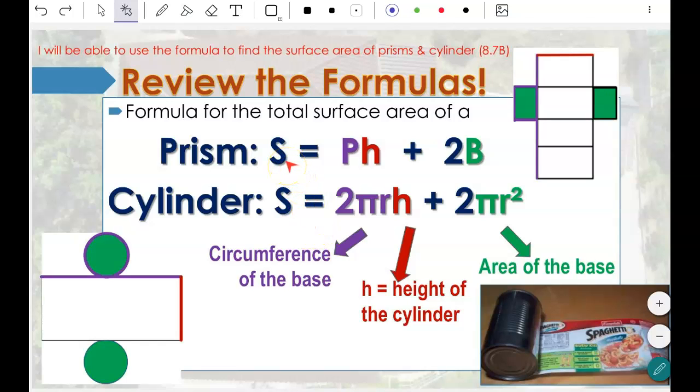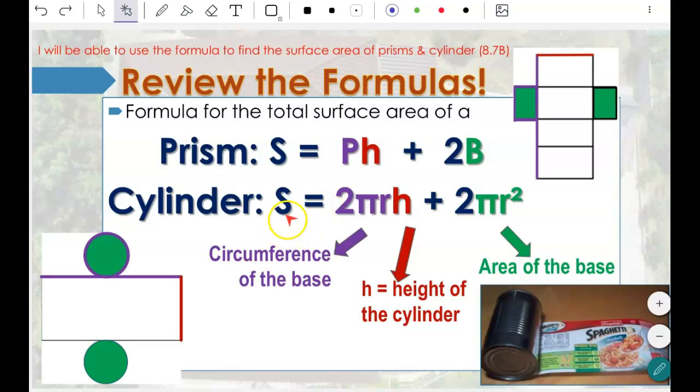So the prism is the P, which stands for the perimeter of the base of the prism, times the height. And then you do plus 2 times the area of the base. And with this, if it's a rectangular prism, then the base is a rectangle. Triangular would be a triangle.